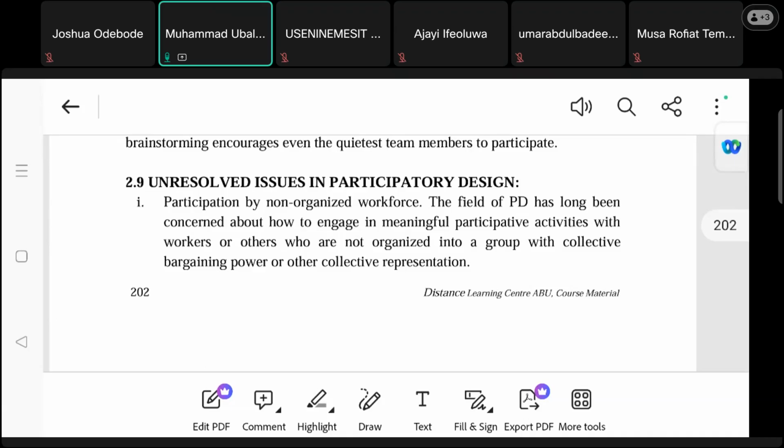Now, when we are talking about unorganized or marginalized group, we are talking about an example of a setting like Nigeria. Nigeria is a marginalized society in the sense that there are a lot of diversities in Nigeria that tend to create a demarcation between Nigerians.